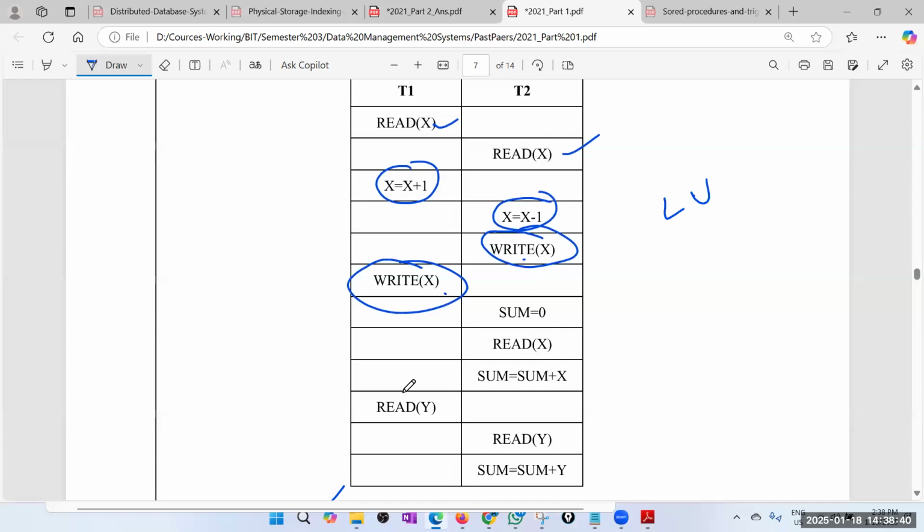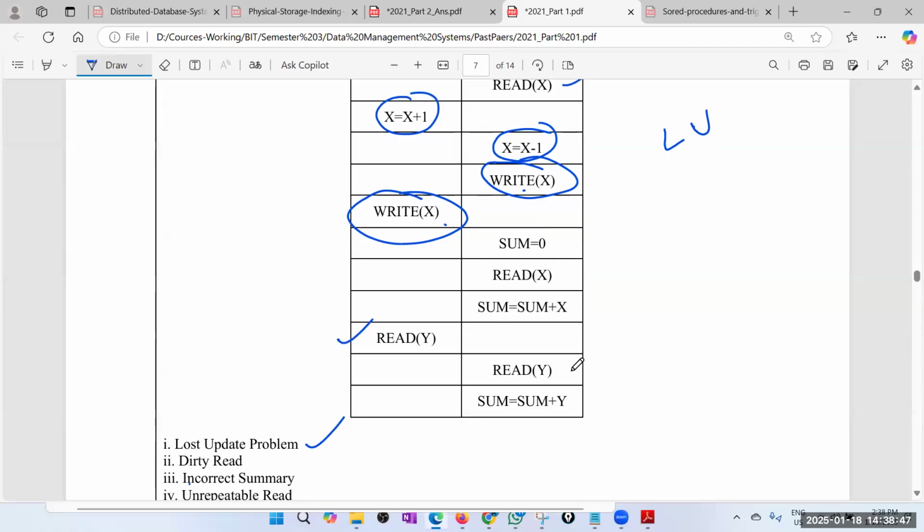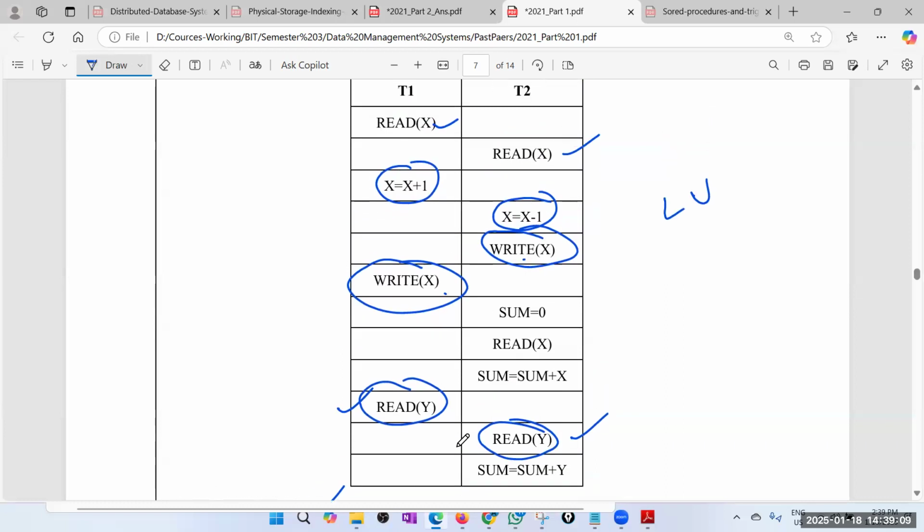Then this guy reads Y. This is no issue, because the first time you read Y, and now this guy reads Y, and this guy is using that Y. This guy is not updating Y. This is not the issue because both read, and Y is not changed. So I think this is not an issue.